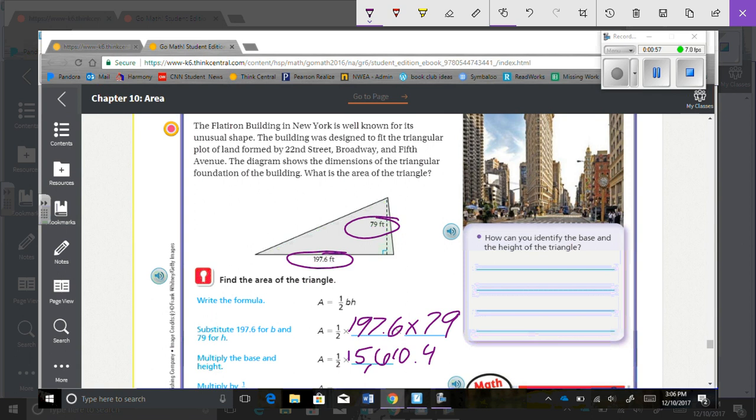Multiplying it by 1/2, if I did 1/2 times 15610.4 over 1, we would multiply that across. So then I'd get over 2. So that's essentially the same thing as just dividing it by 2. I would prefer to just divide rather than multiply across. You can do whichever way makes more sense to your brain.